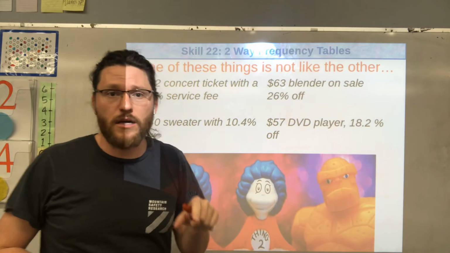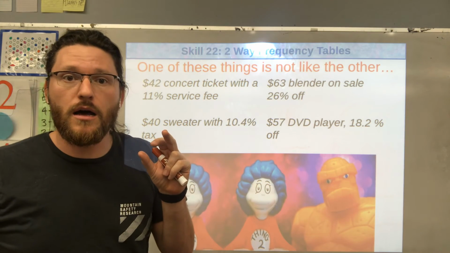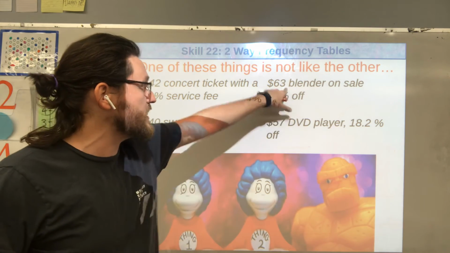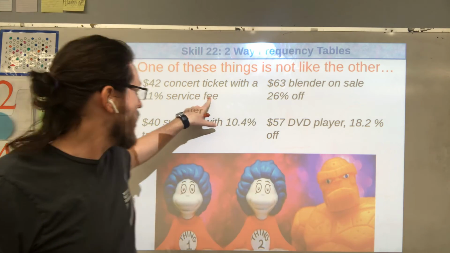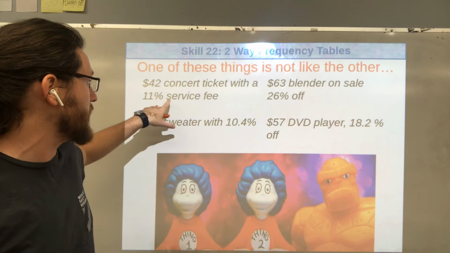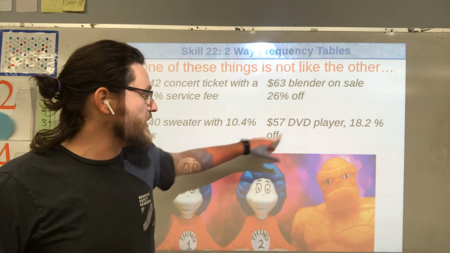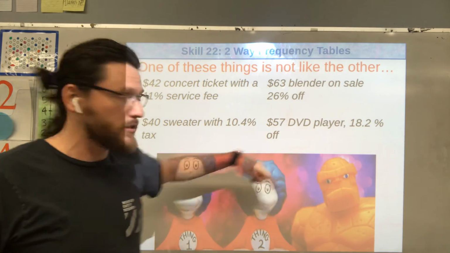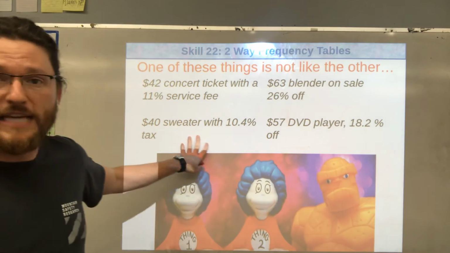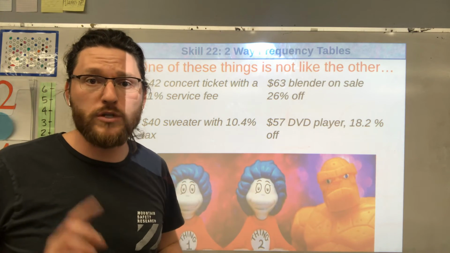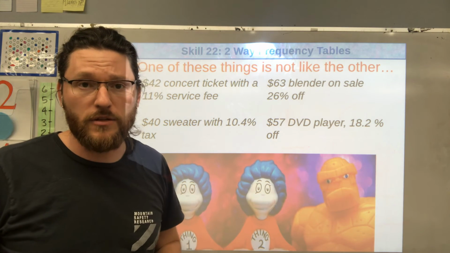In the comments underneath the assignment for today, I would like you to put which one of these gives you a different price. Is it the $42 concert ticket with a service fee? Is it the blender with a discount? Is it the DVD player that's 18.2% off? Or is it the sweater with tax? One of these things has a different price than the other 3. I want you to tell me which one it is in the comments under the lesson.